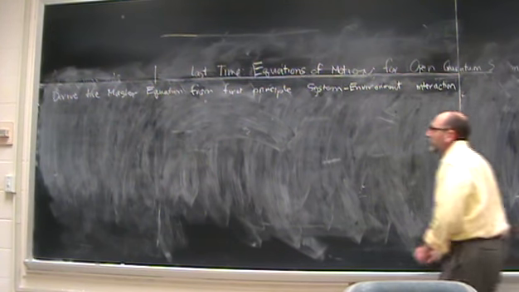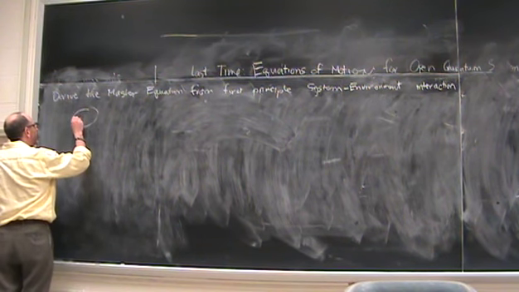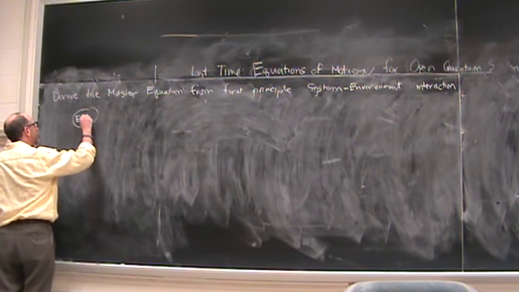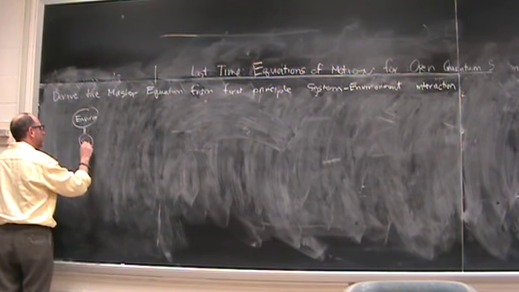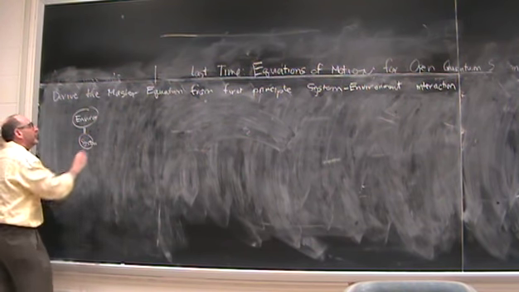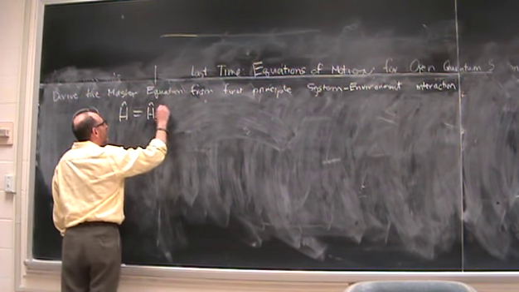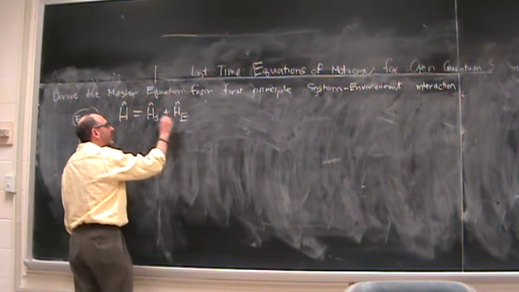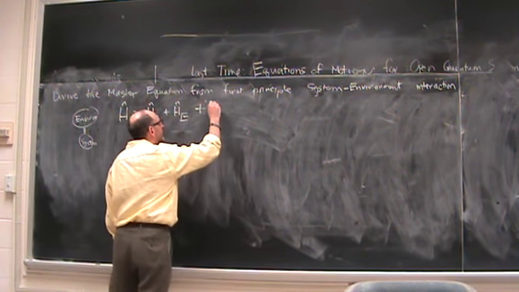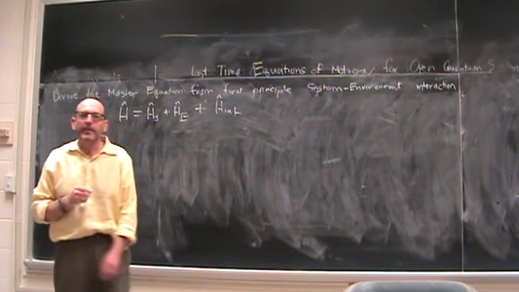So the picture that we have here is one in which we have the environment, we have the system, and we have some Hamiltonians that act individually on the system and the environment, and some interaction. Okay?